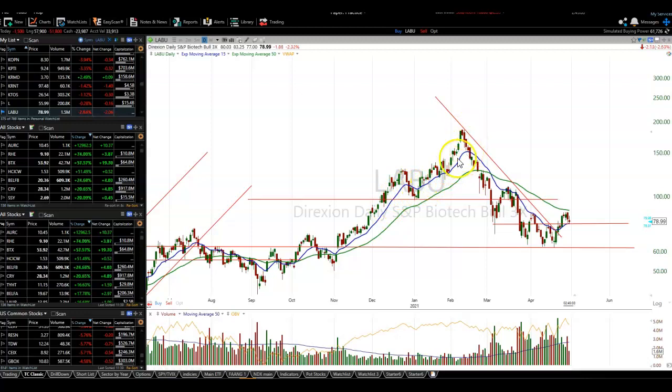And when it broke it here, you would have sold it here, sold it here for sure. And now this also did coincide with the downtrending channel. So we had two or three good reasons why we wanted to sell that stock at those points.